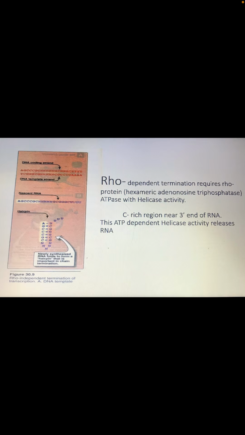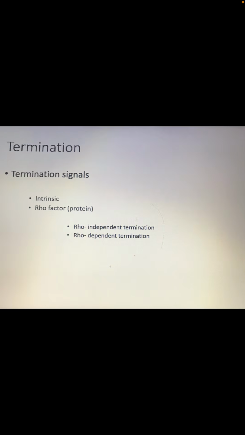So wherever G finds C, it will go and bind with it. That is why a hairpin-like loop is going to be synthesized, which causes the detachment of RNA from the DNA. So this is the overall mechanism of your intrinsic termination.